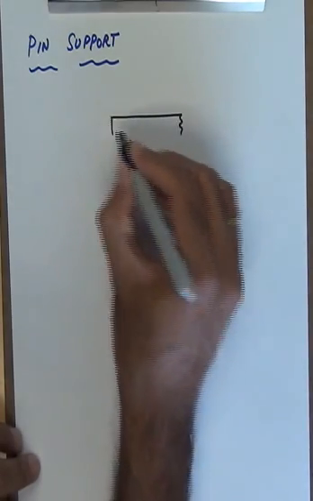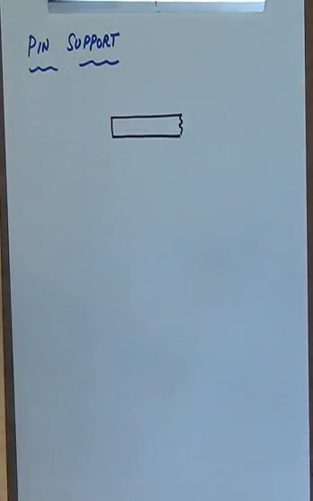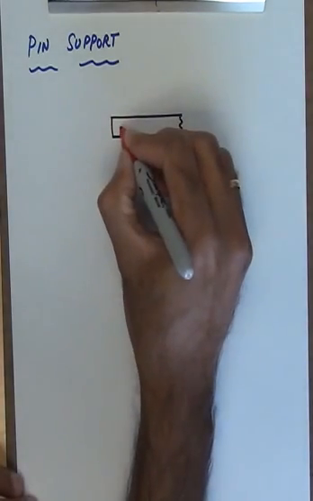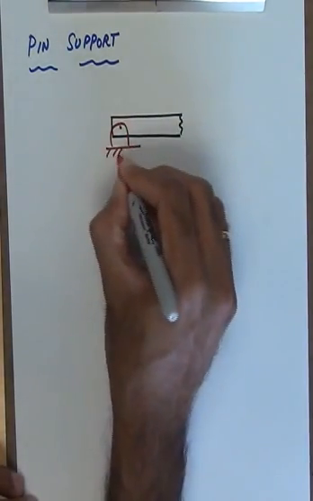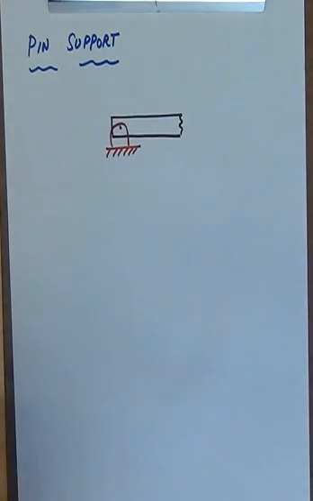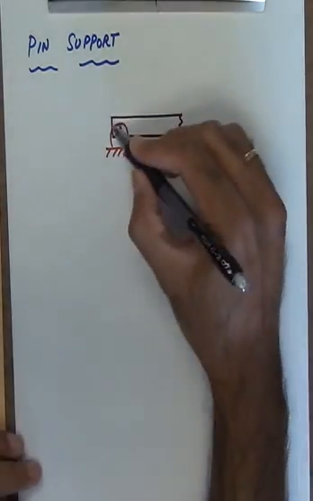We don't care what's happening on that side. And then on this rigid body I have a pin which is drawn here supporting the rigid body. Now we want to see what are the ranges of motion that are possible on this rigid body.